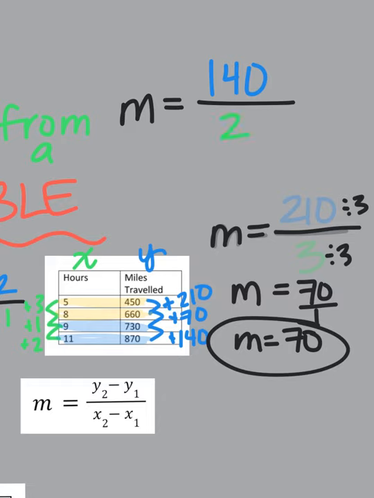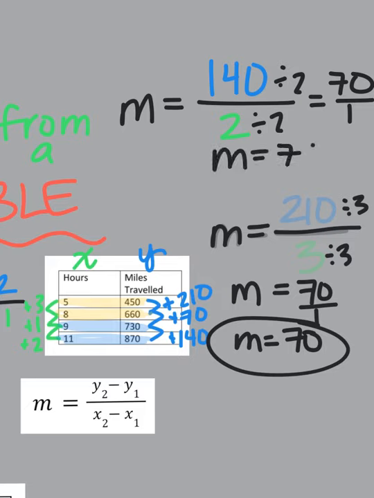All right, so my slope is 140 over 2, and I know they both have 2 as a factor, so if I divide them both by 2, I get 70 over 1, m equals 70. So based on these 2 points, it looks like for sure this is a line.